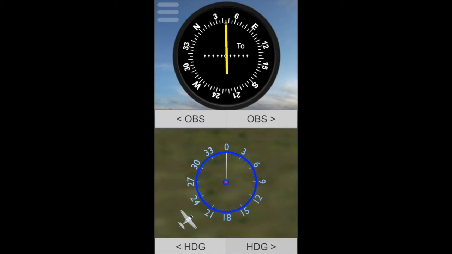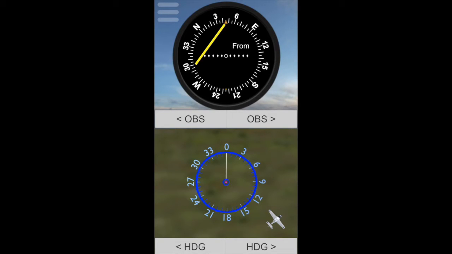Okay, so now that we covered the concepts of FROM and TO, how it works, and how to fly to or track away or towards a VOR station, now there is the concept of intercepting radials. You're flying somewhere, and you've been told by ATC, hey, you need to intercept radial 090 outbound or 090 inbound.